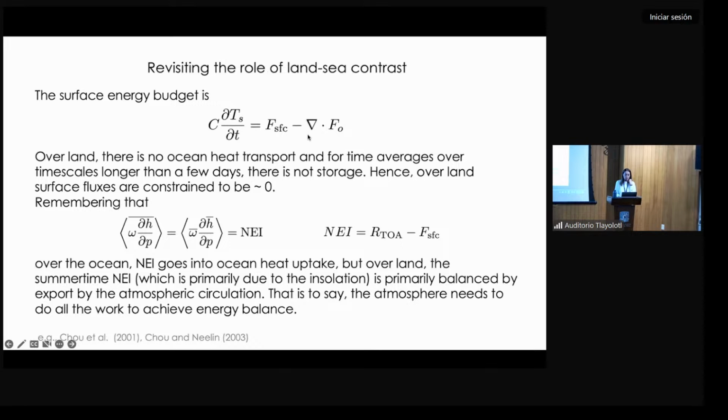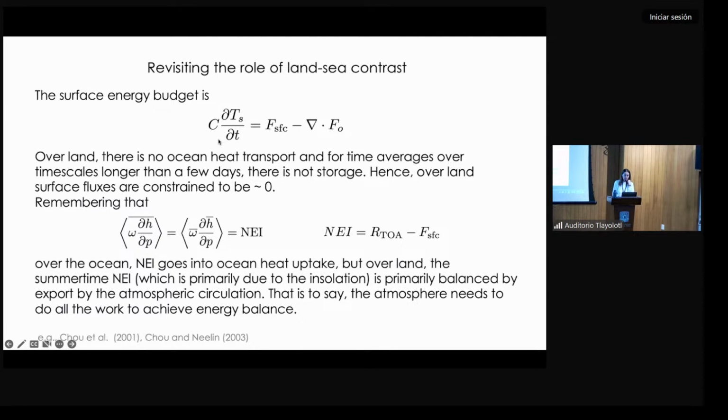And this is expressed as the convergence, with the minus sign, of the energy transport by the ocean, such that you can have increases of surface temperature, the temperature representative of the mixed layer, where your oceanic circulation is converging energy, and decreases where it's diverging energy. But now, over land, there is no ocean heat transport, because this term is not there.